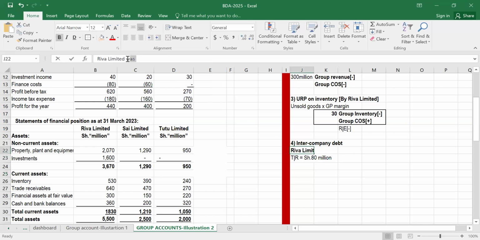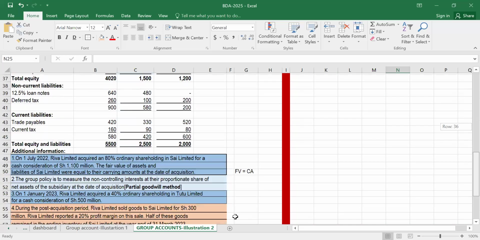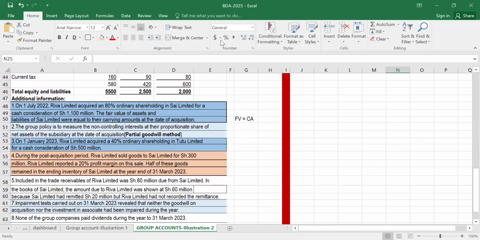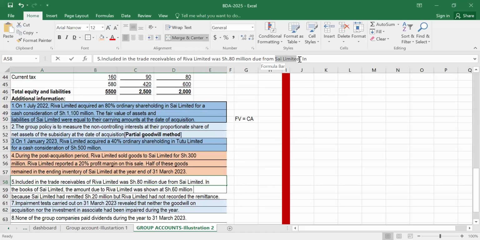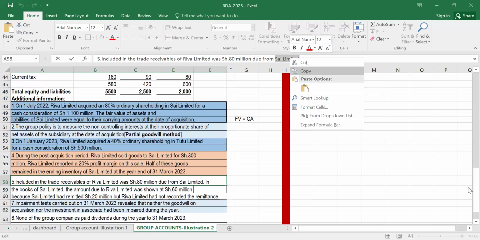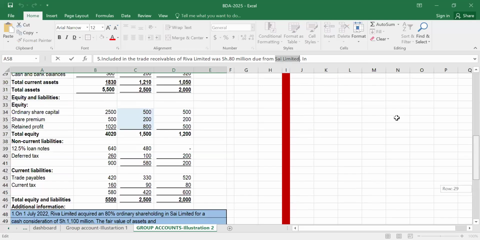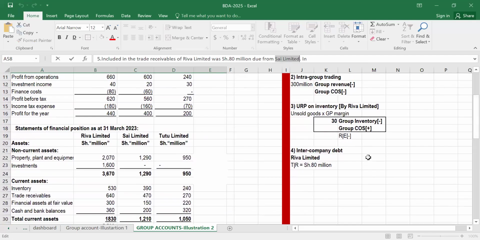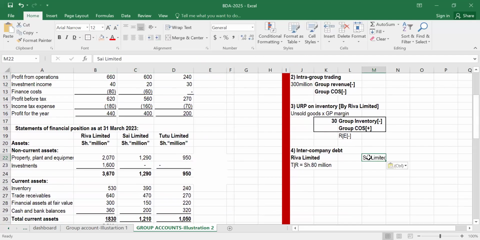So it basically means that the payables of this other company, which is ZQ, should be the same. We have said that BV Limited was expecting money from this one.